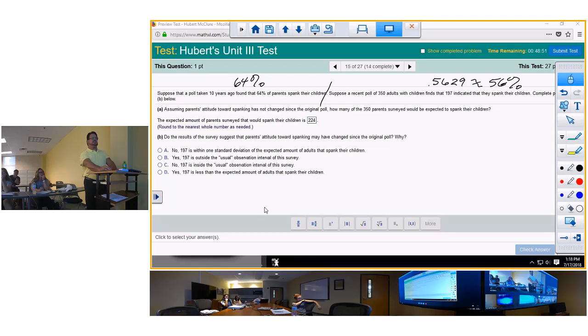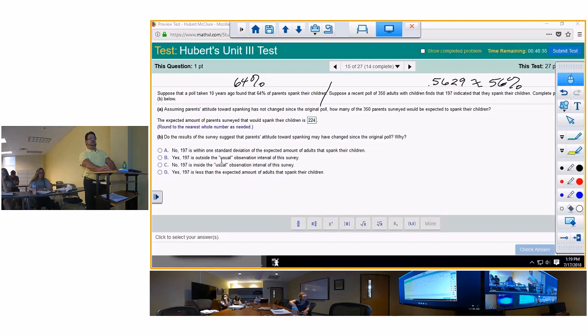What the heck are they asking? It has changed. It went down how many percent? 64 minus 56, 8%. It went down 8%. I don't know what they're asking.